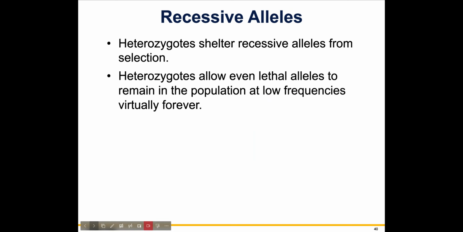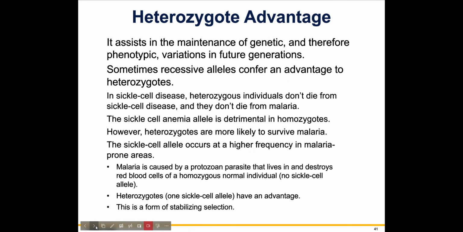So even alleles that, when together, those recessive alleles could be lethal, they'll stay in the population because the dominant allele will hide it. There is something called the heterozygous advantage, which is where sometimes recessive alleles are better to have hidden by that dominant allele.